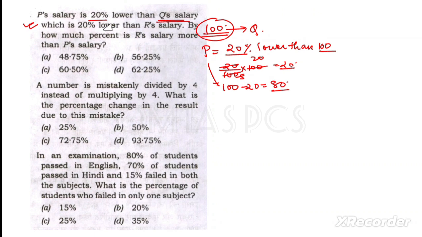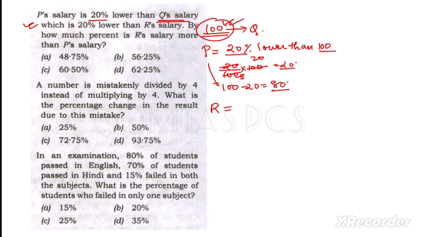Now which is 20% lower than R's salary? That means this 100 is actually 20% lower than R's salary.